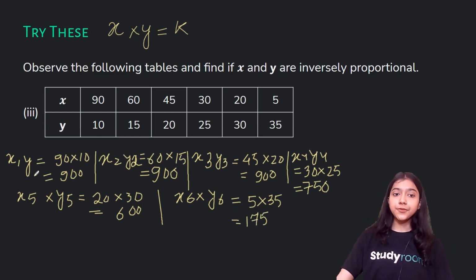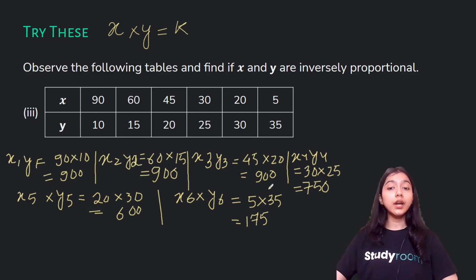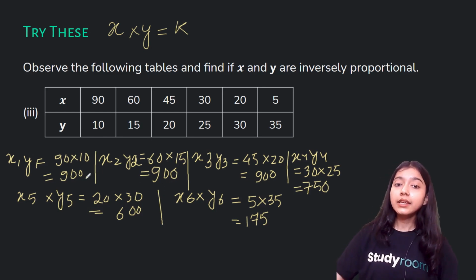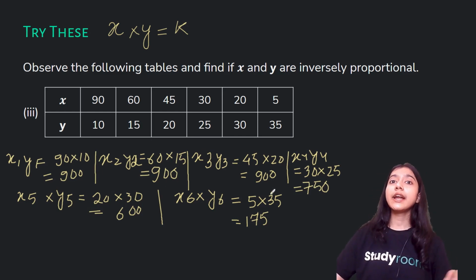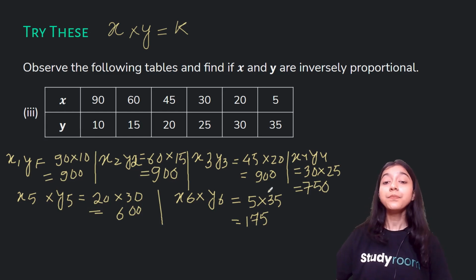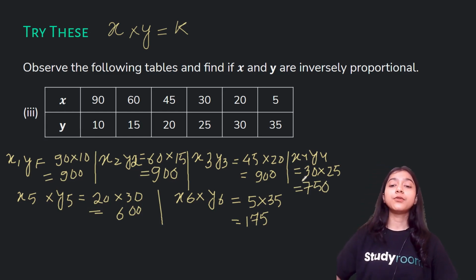So what do we observe? In the first case, when we took the product of x1, y1, we got 900. x2, y2 also we got 900. x3, y3 also we got 900. If the table had been only till here, then we would have said that x and y are inversely proportional. But what is happening from the next point? From x4, y4, the value of this product is changing.